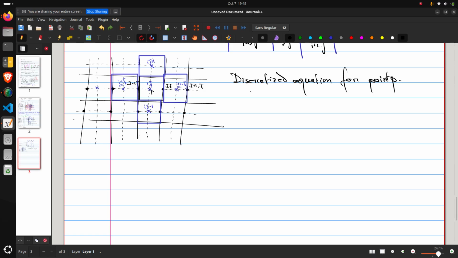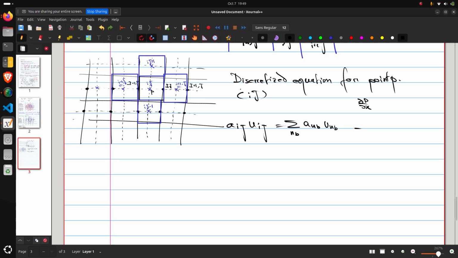For point P, what is the index? Small i capital J. So what will our discrete equation look like? It will be a small i capital J times u small i capital J is the summation of the neighboring points a_nb u_nb, minus, so what will be the pressure gradient here? It will be dou P by dou X.